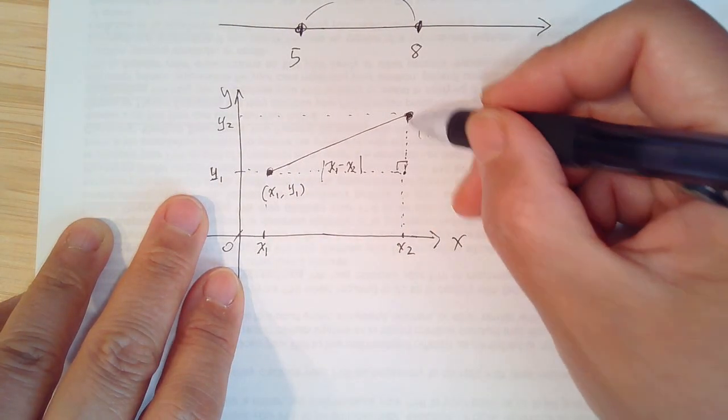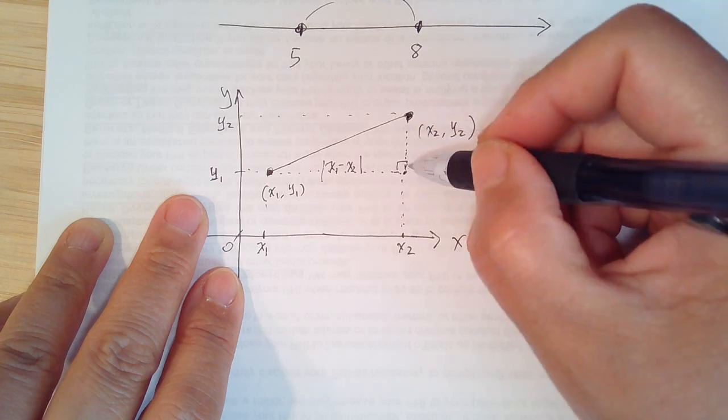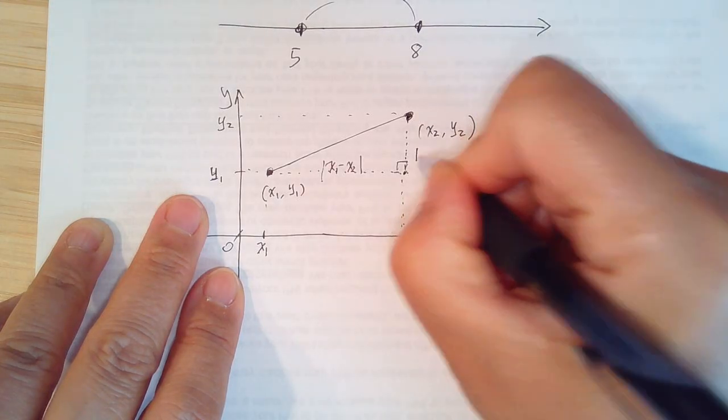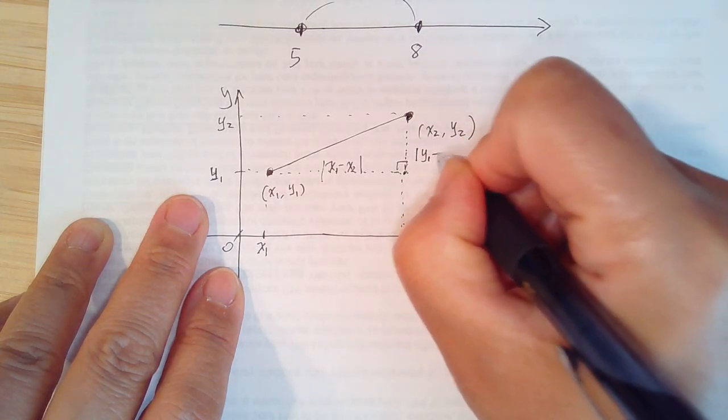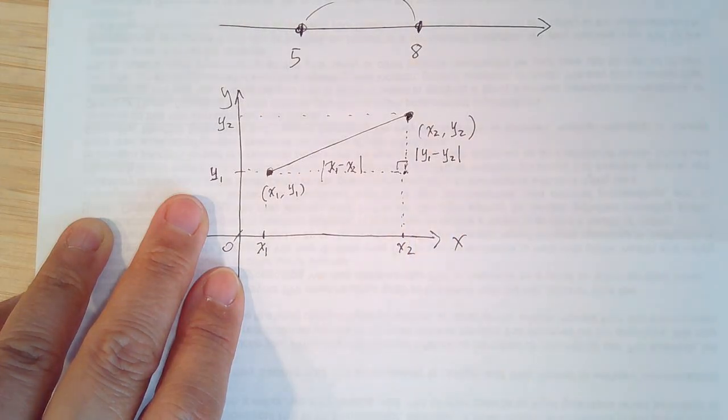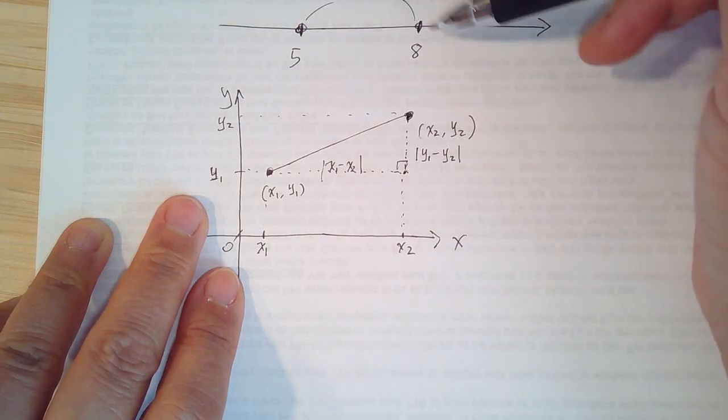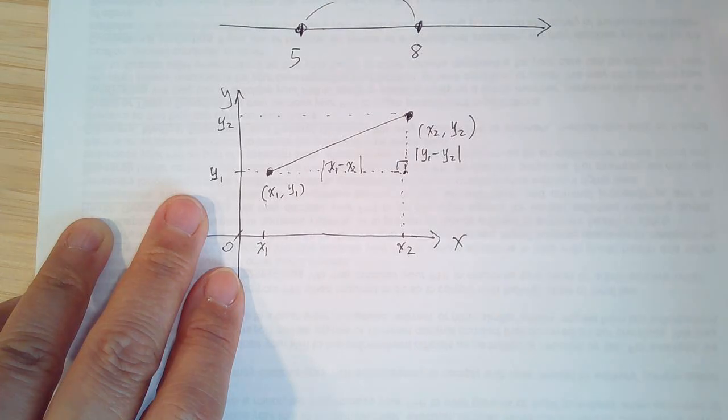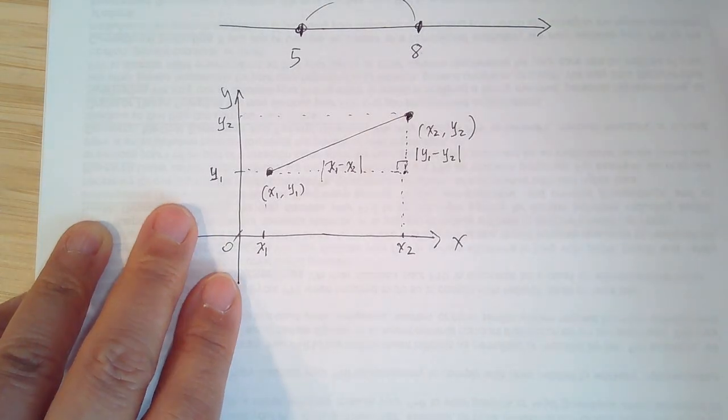And very similar, the distance between the top point to this one would be the absolute value of y1 minus y2. It doesn't matter if you use y1 minus y2 or y2 minus y1. Usually we do y2 minus y1 because from 5 to 8 we use the later number minus the earlier number. But actually it doesn't really matter because we're going to take the absolute value.